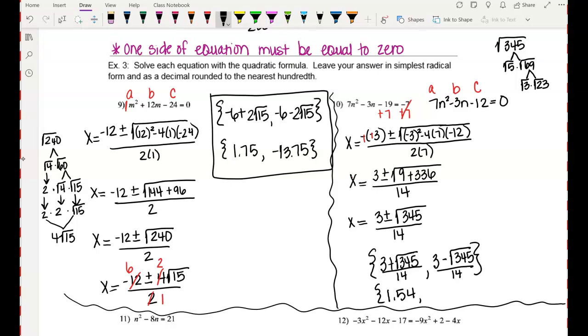Then I do 3 minus the square root of 345 divided by 14. And I get negative 1.11. So I have my answer in simplified radical form and in decimal form rounded to the nearest hundredth.